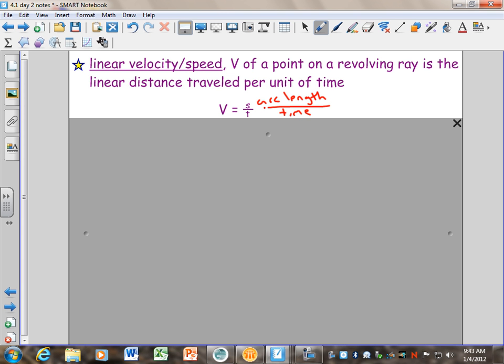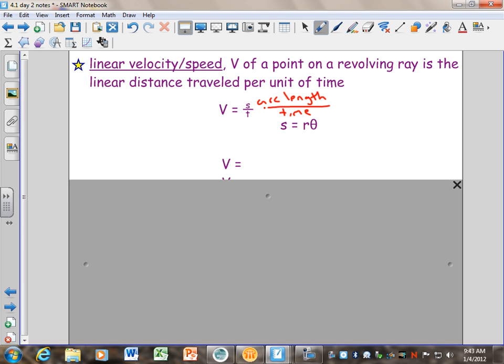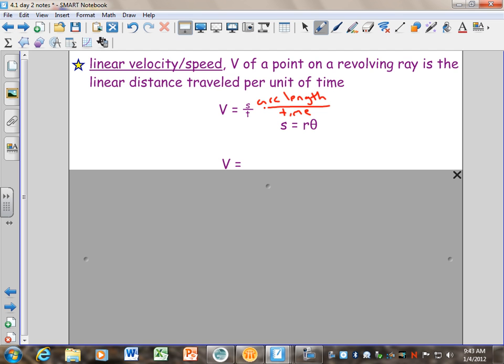And Leanna said that we know that arc length is r times theta. And so we actually could change this formula to V equals r times theta over time, if you prefer.